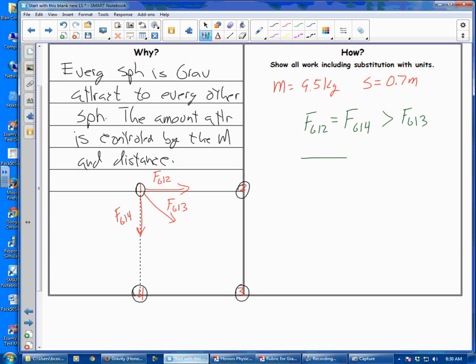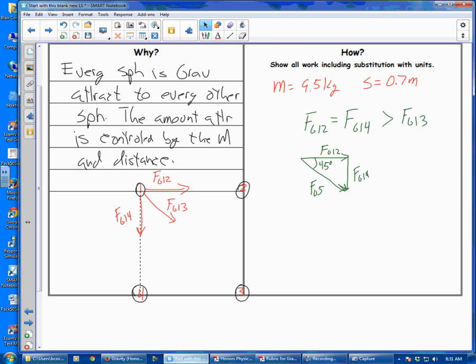Geometrically, if I take FG12 and I add it to FG14, the resulting vector, which I'm going to call FG5, would be at a 45-degree angle because these two legs are equal, and it's a right triangle. All that geometry flowing back, right? Freshman year.